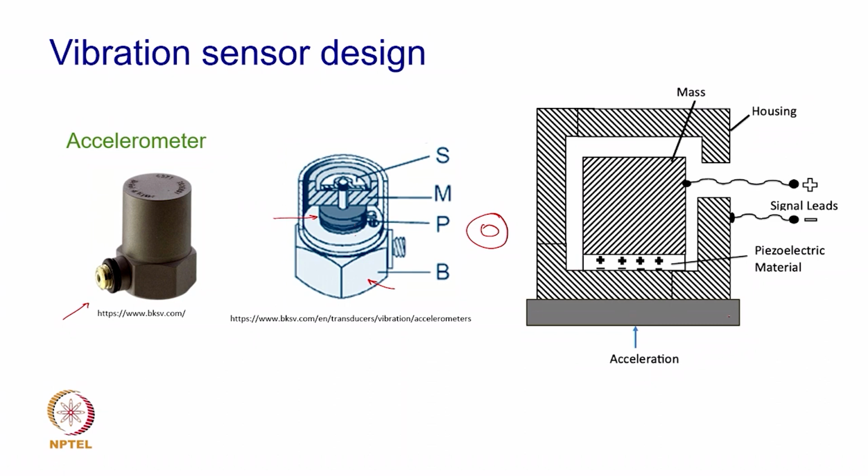You have a base and then a housing here, and between this housing and this heavy mass which you can see here, these piezoelectric discs are between the mass M and the foundation or the base, a rigid base.